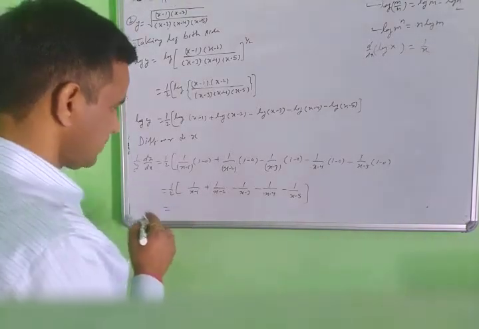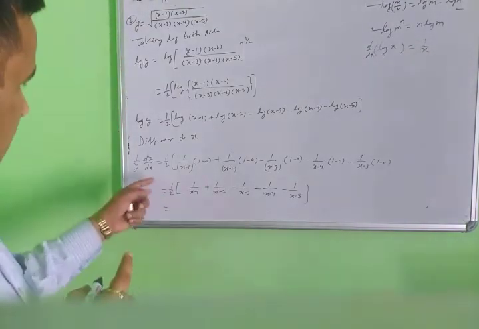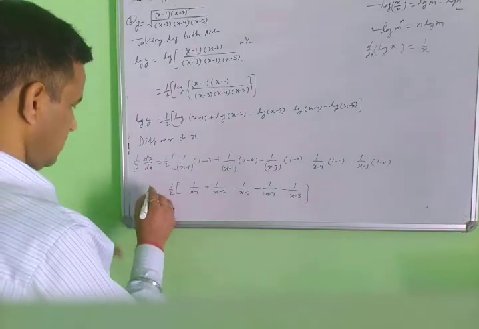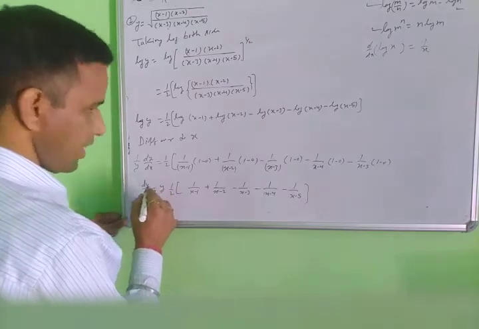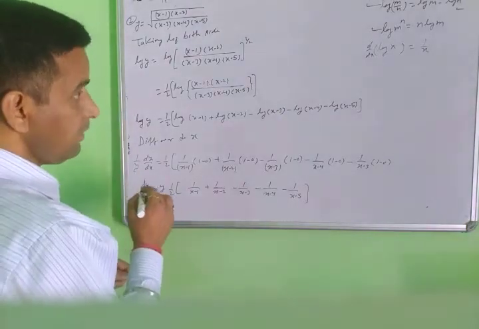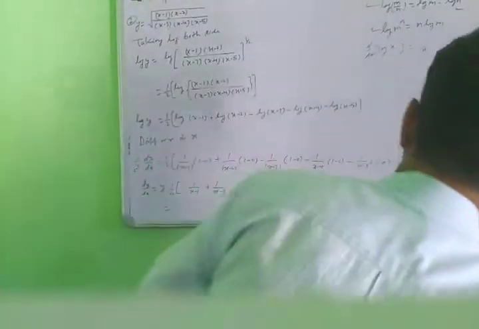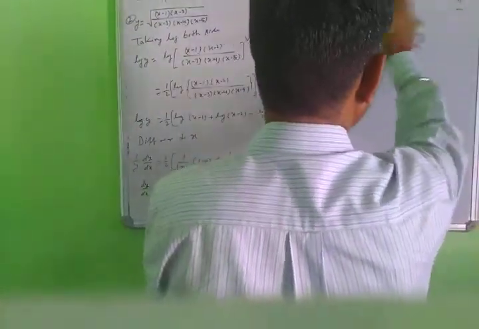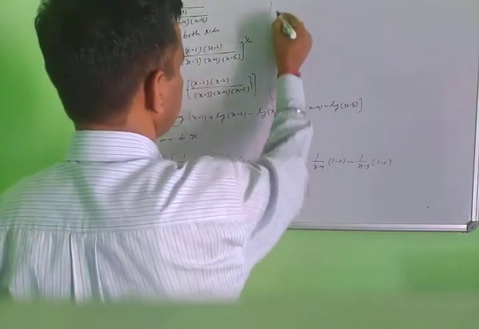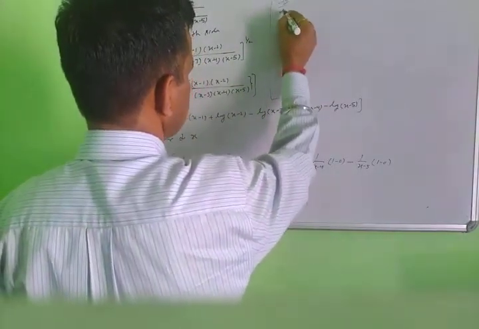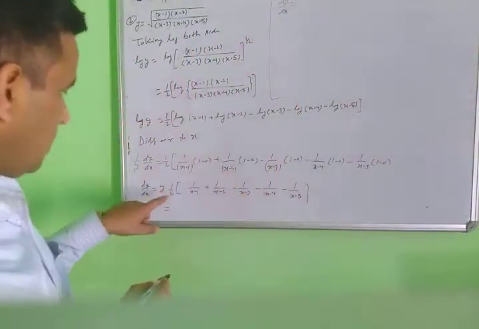Then multiplying by y, dy over dx equals y, then multiplying here, dy over dx equals y upon 2.